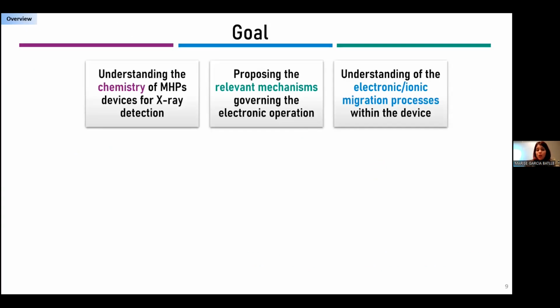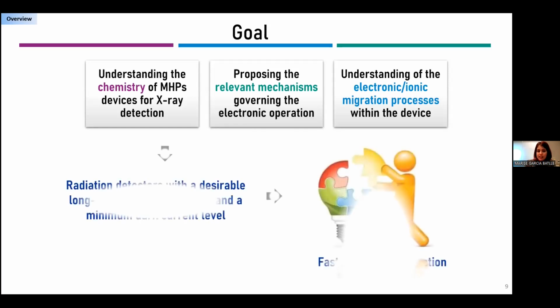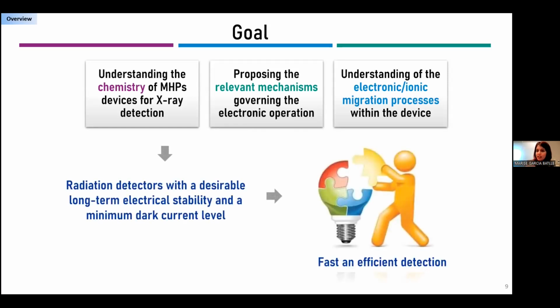So the goal is to summarize the understanding of the chemistry of this metal halide perovskite, some mechanisms governing the electronic operation, and of course, how the electronic and ionic migration processes may affect this dark current stability and the long-term electrical stability of the device.